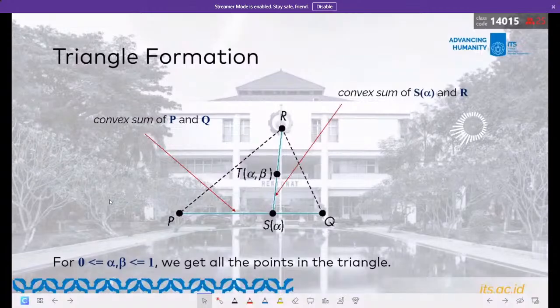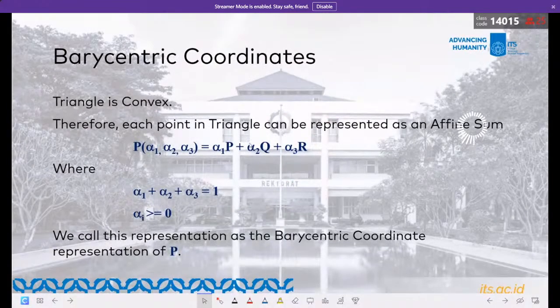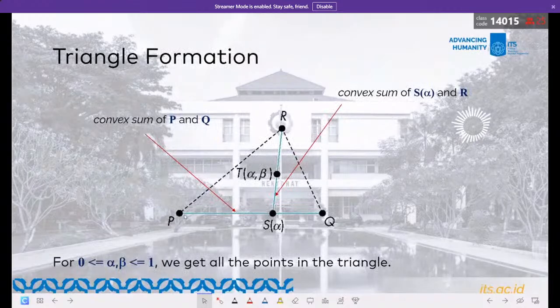Selain sebagai titik, kalau dihadapkan dengan origin, dia akan menghasilkan sebuah vektor. Kalau vektor dikombinasikan, dia akan memberikan kita barycentric coordinates, coordinates di dalam segitiga yang didasarkan oleh vektor yang dipunya oleh masing-masing titik pembentuk segitiga itu.